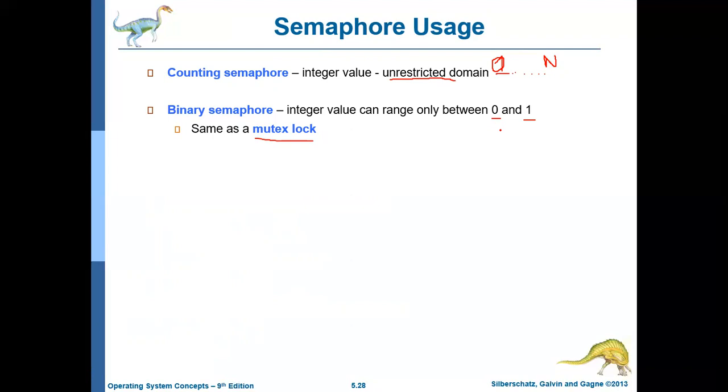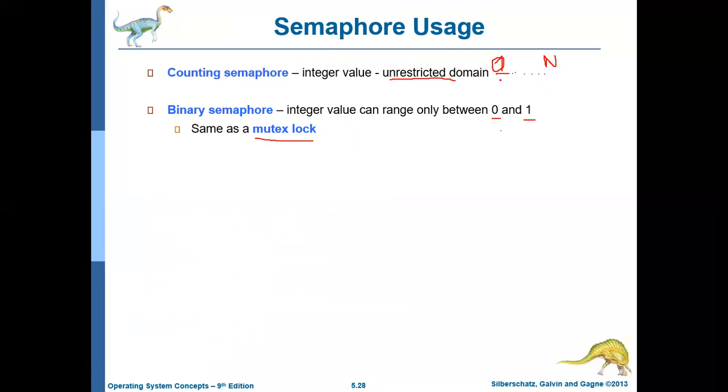So there are two types of semaphores we have: one is binary semaphore, the other one is counting semaphore. Binary semaphore will take integer value between 0 and 1, and counting semaphore can take integer value over an unrestricted domain. So basically semaphores are used to access shared resources without any conflict.